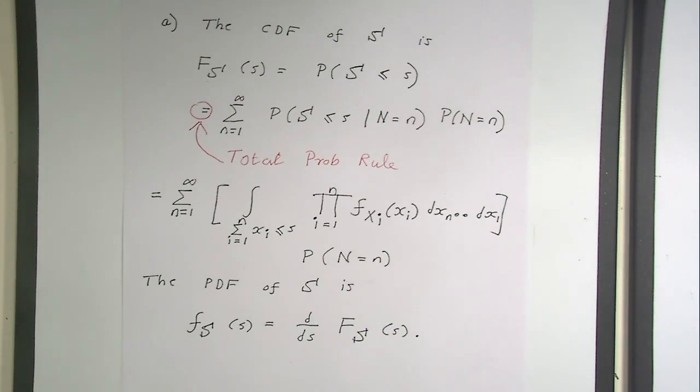The conditional probability of S given N is precisely equal to the CDF that we got in case 3. Because in case 3 we were assuming that the number of investments is a fixed number. Right? So therefore you can replace this by this. This is the expression that we got for the CDF of S under case 3. Yeah? That's what I have done.